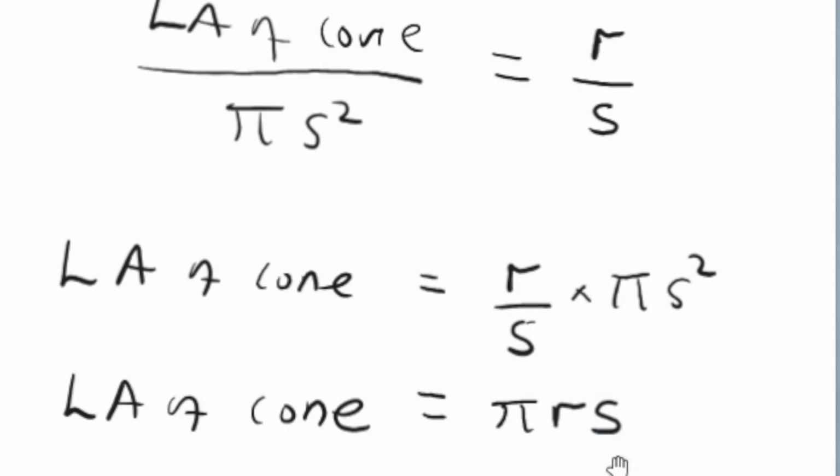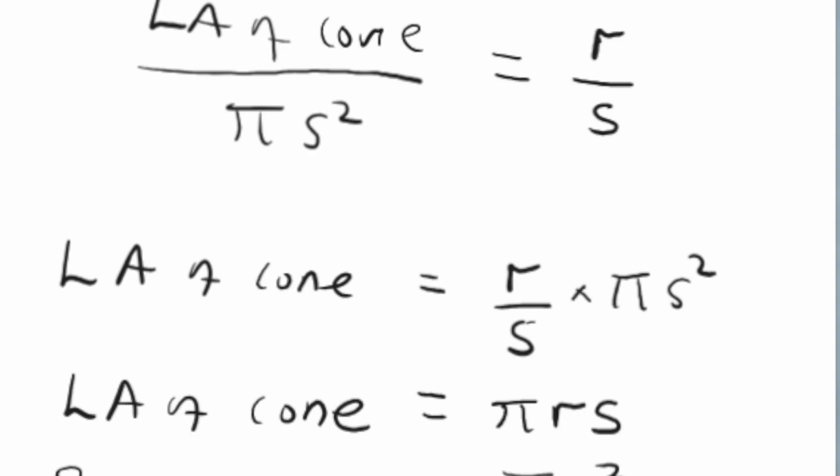Now if you want to know the total area, because we know that the base of the cone is a circle, the base area of the cone is pi r squared.